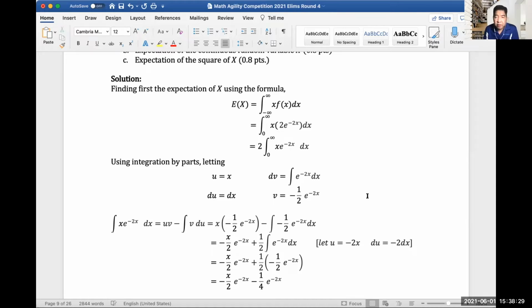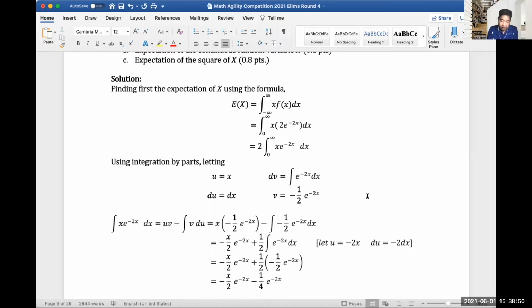And if we try to integrate this, this time I didn't use any integrator calculator. I use integration by parts to solve this integral. So x e to the negative 2x would be equal to uv.